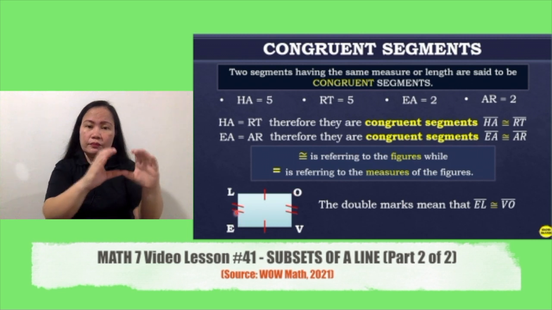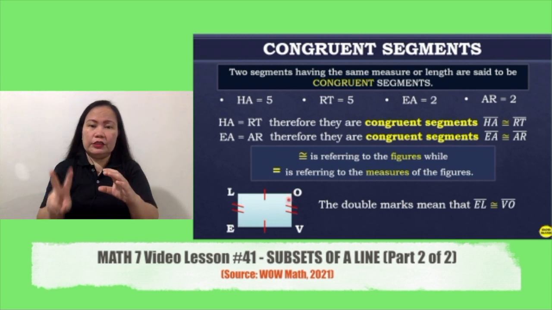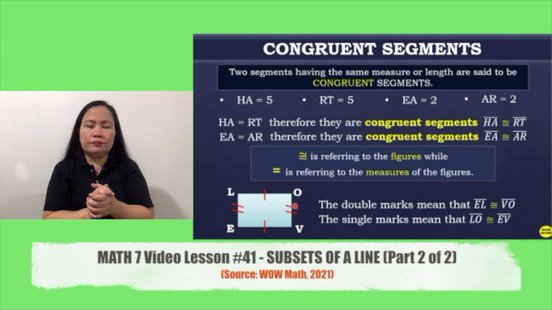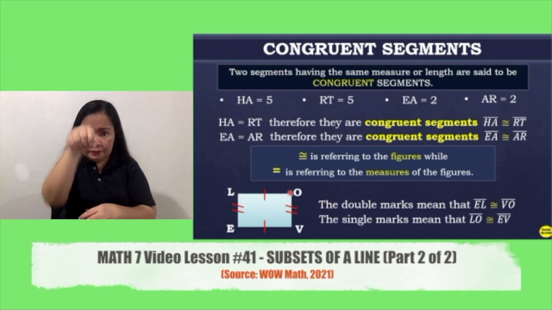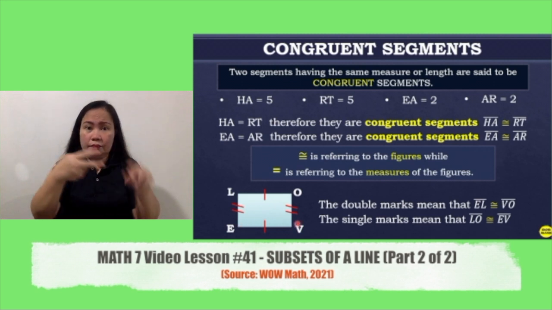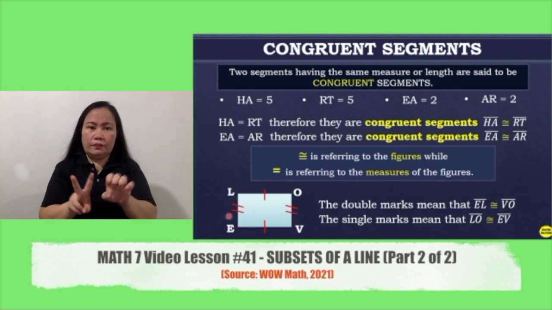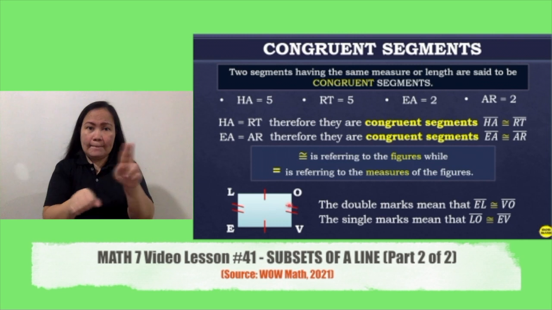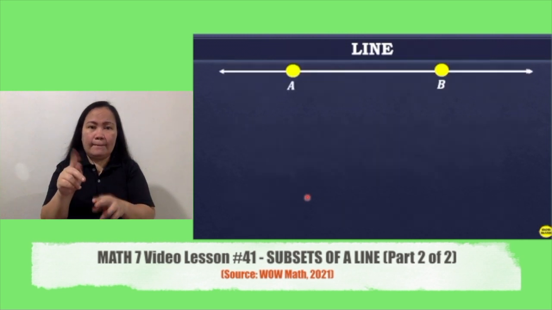Okay? So, EL, VO. Next, the single marks mean that line segment LO is congruent to line segment EV. So, yun po this is another way of showing that the segments are congruent. You can make use of marks or tick lines.